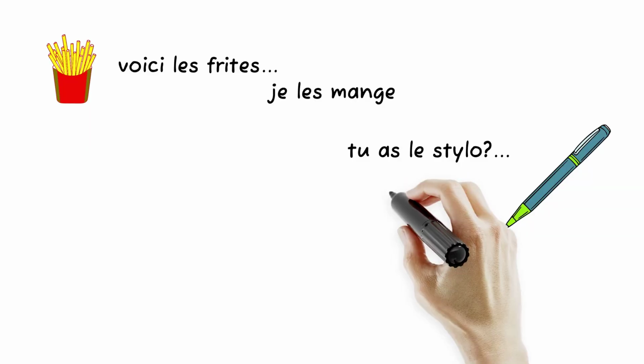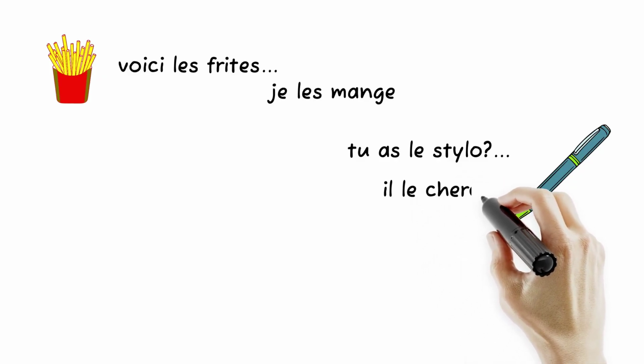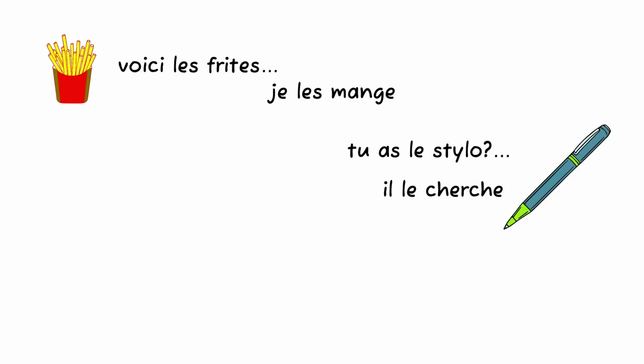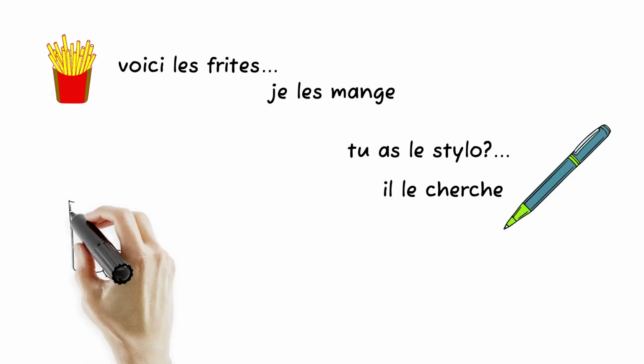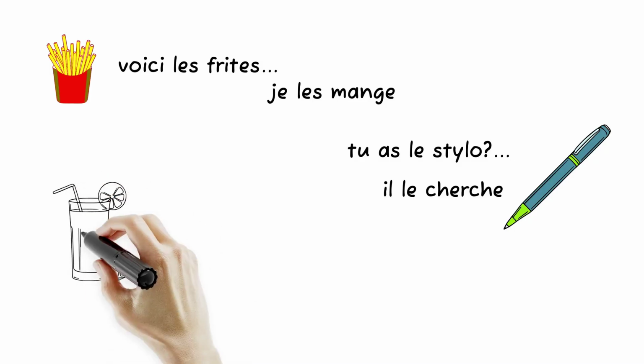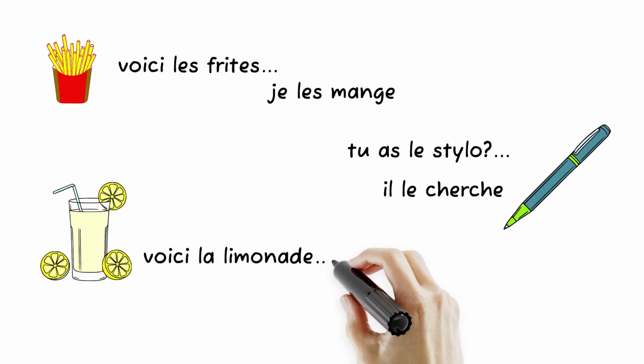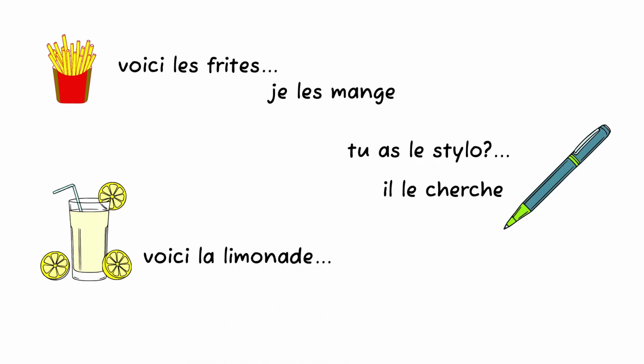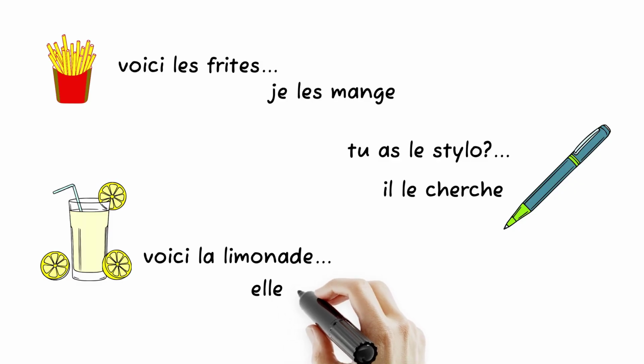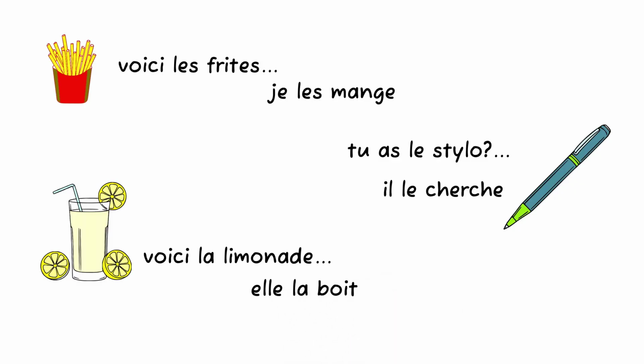And we're going to follow that with he is looking for it, il le cherche. To avoid us having to say, do you have the pen? He is looking for the pen. We just want to say he is looking for it. And finally, we're going to say voici la limonade. Here is the lemonade. And again, we don't want to repeat la limonade. We want to use a direct object pronoun it. Elle la boit. She is drinking it. Because it's feminine, it's la.